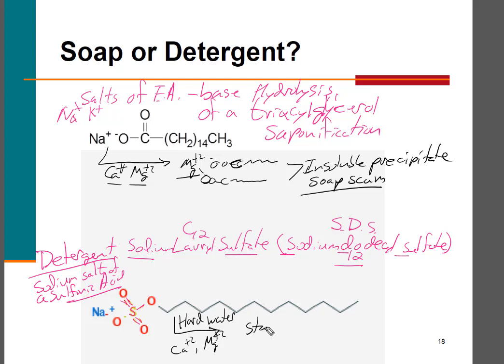This stays in solution, so it stays soluble. In other words, no soap scum. So detergents work better in hard water conditions, whereas soaps don't. And in addition to the obvious chemical differences, the physical difference here is that detergents don't have that hard water reaction. They stay in solution, whereas soaps will react with hard water to form soap scum, these insoluble precipitates.